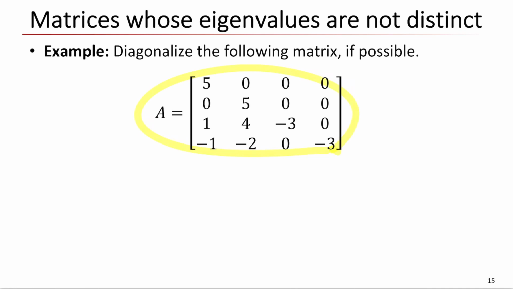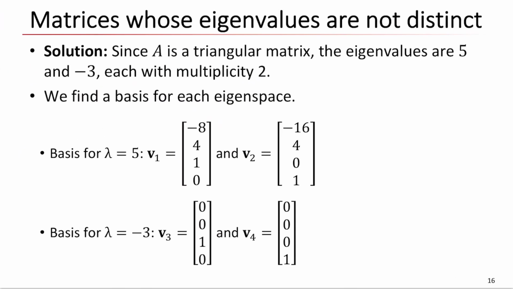Okay, so first of all, this is a block diagonal matrix, so we know that we can easily find the eigenvalues of this matrix, right? How can you do that?